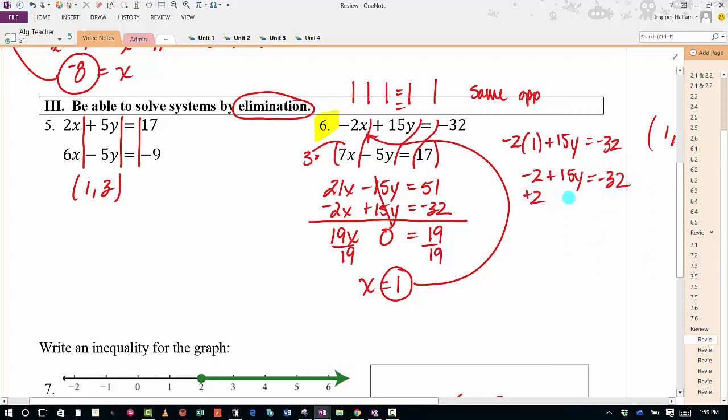I'm going to go ahead and move this 2 over by inverse operation. So I'm going to add 2 to both sides. So I find out that 15y is equal to negative 30. And finally, I'm going to divide by 15 to turn that into 1. Y is left, so I get negative 2. So the solution for this system is a single point of (1, negative 2).